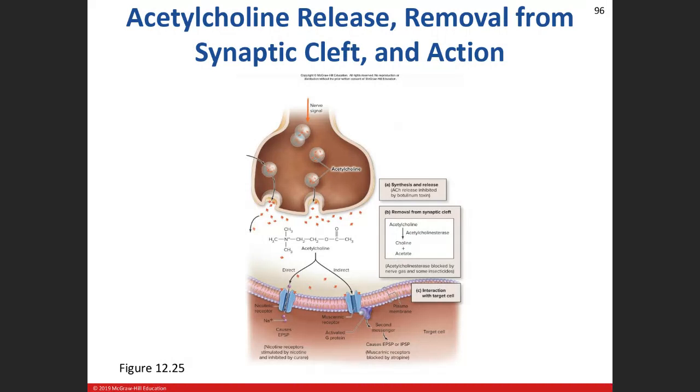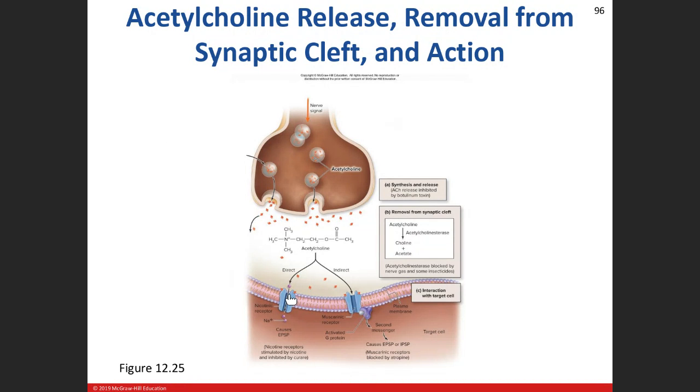So this is basically showing you how acetylcholine is released from the presynaptic neuron. It diffuses across the synaptic cleft, and then it binds onto these receptors on these channels. It causes the channels to open up, and it causes the ions to diffuse across the plasma membrane.